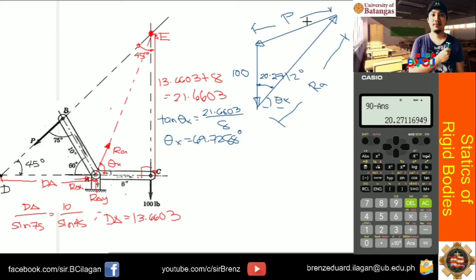So, in short, kung ito ay, paano natin makukuha tong angle na to? So, alam pa ba yung announce natin? Okay, so kailangan pa natin makuha is yung mga internal angle. So, paano pa ba? Okay.